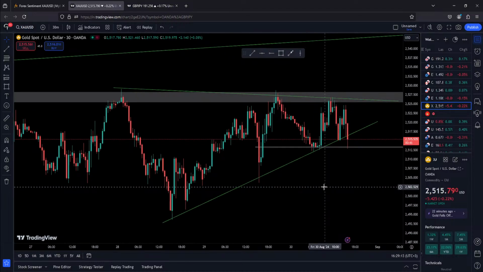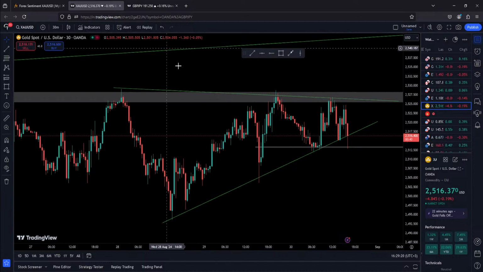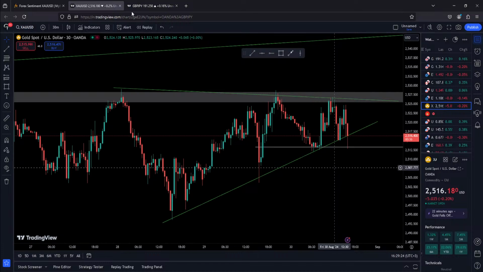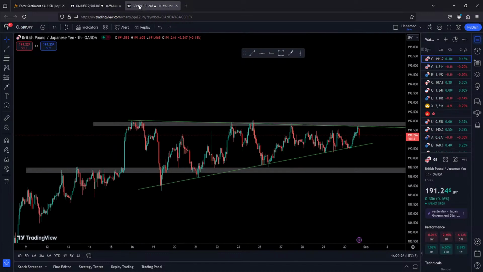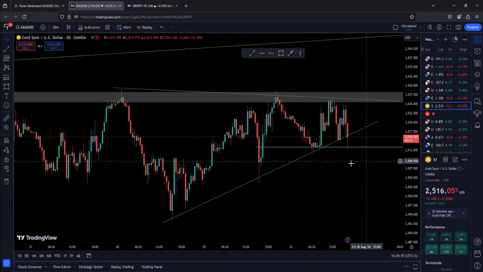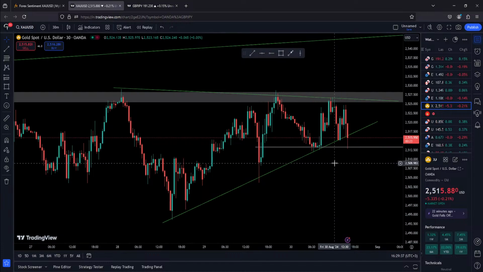Also, the NYSE session will be opening in about 1 minute now, so volume can come in and take the price down from here. But if you talk about GBP JPY, nothing is happening in GBP JPY right now, so I'm just going to look for some trade in gold only.